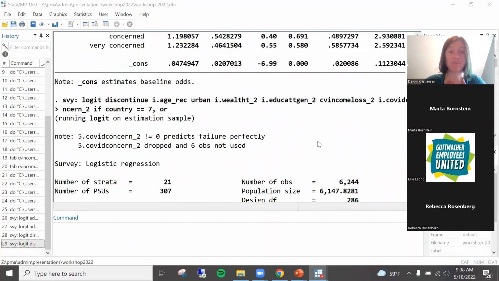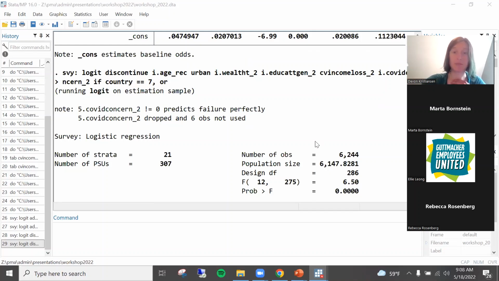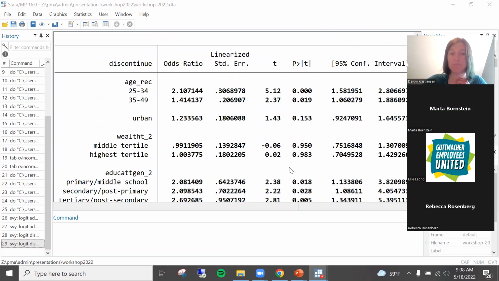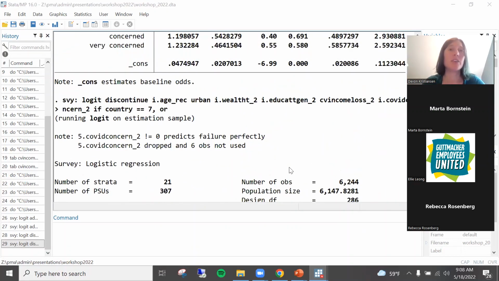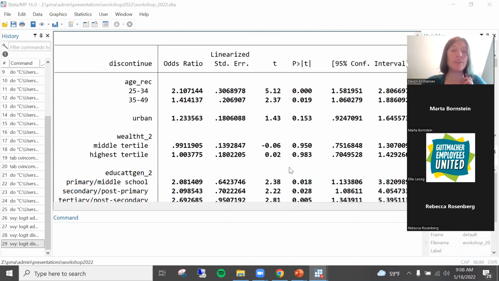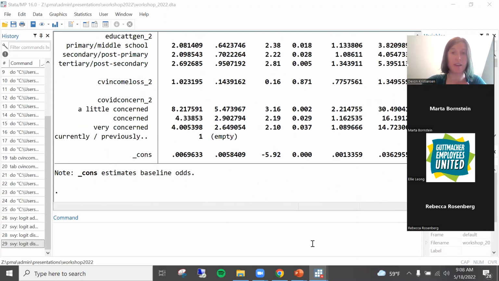However, that's definitely something that if you would like to email us separately about, we are following the briefs that PMA produces about these data. So we'll definitely have to get back to you on that.